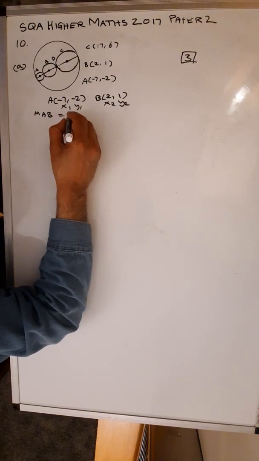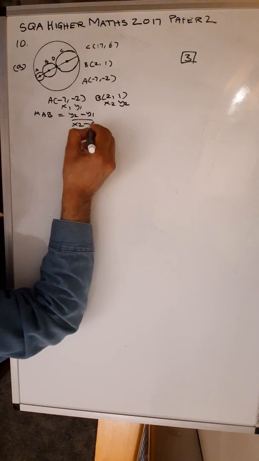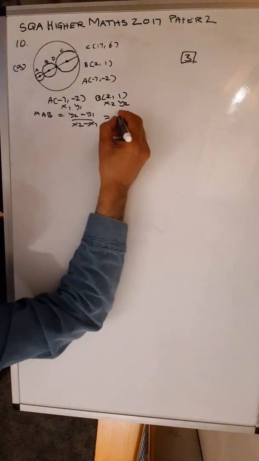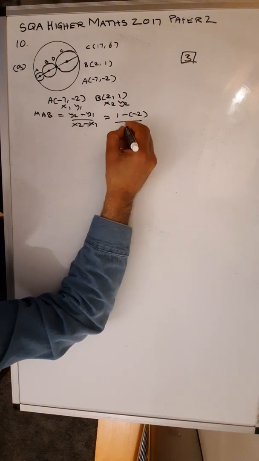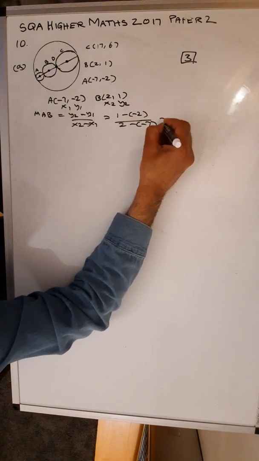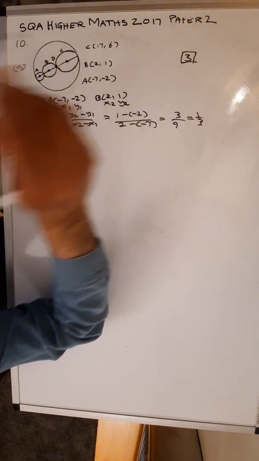Gradient of AB is y2 minus y1 over x2 minus x1. That is 1 minus -2 divided by 2 minus -7, which is 3 over 9, which is 1/3.